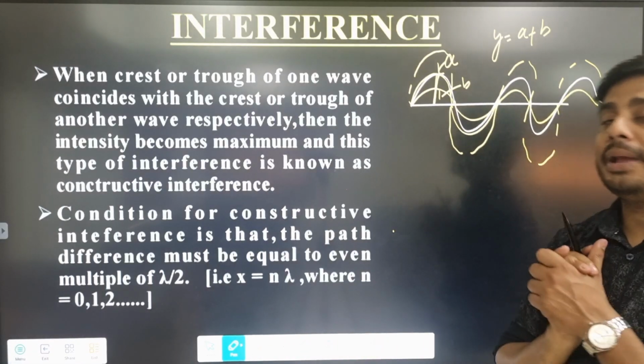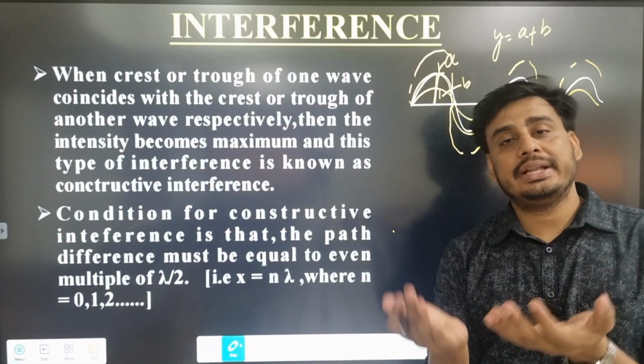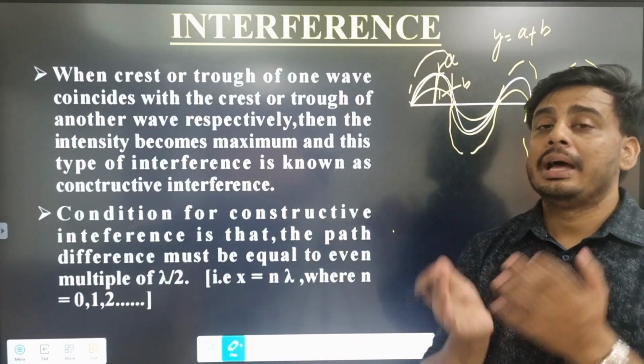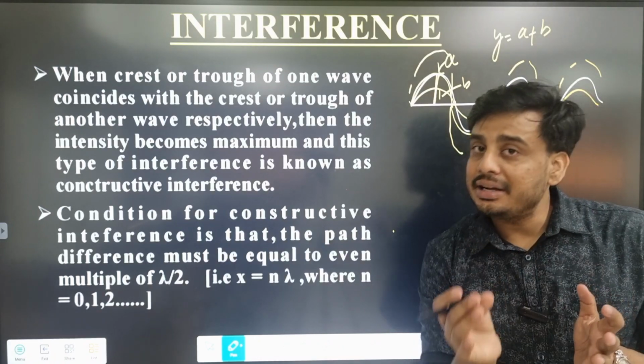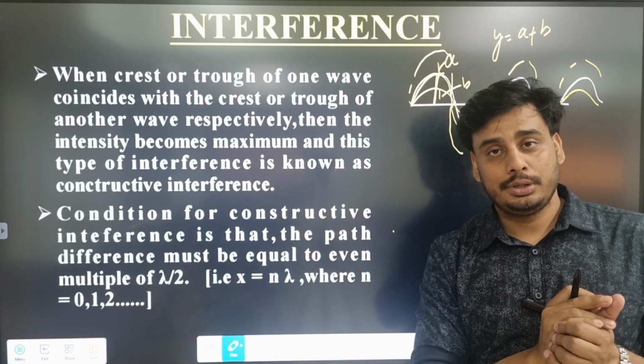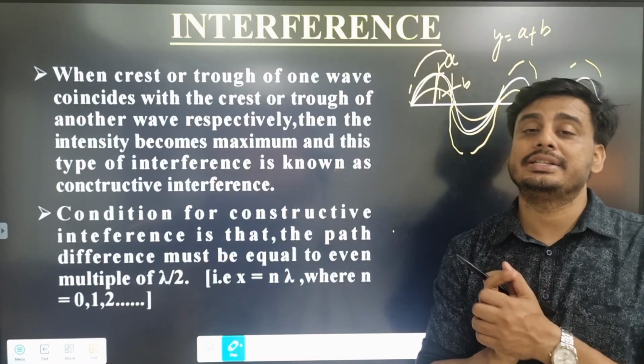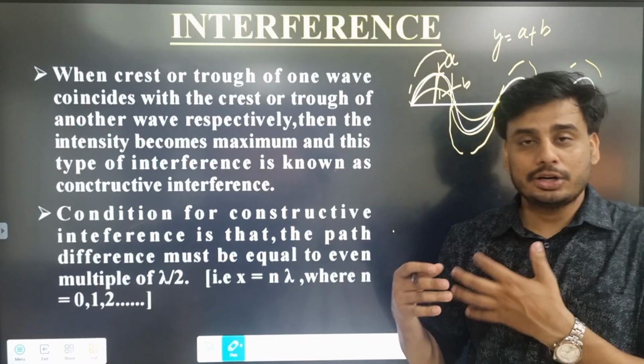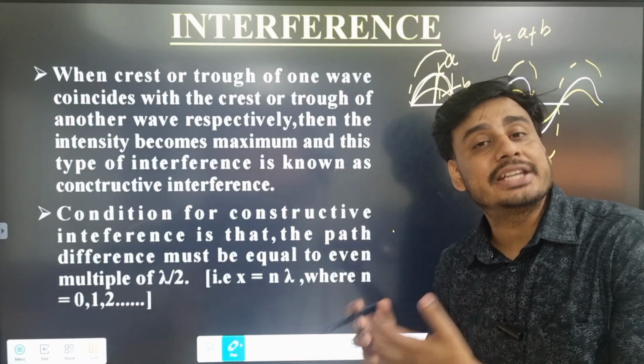And in the constructive case, since amplitude increases, and as we know intensity is directly proportional to the square of the amplitude, the intensity will also increase here. This is said to be the maxima condition or maximum intensity condition.